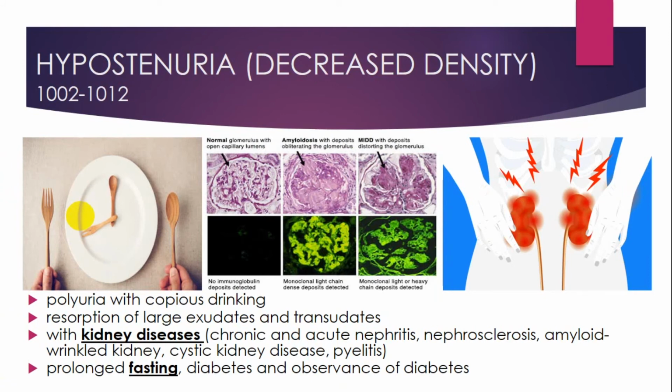Also, it may be prolonged fasting. Diabetes and its observance can be a really dangerous situation. In this picture, you can see the histological picture and immunoglobulin deposits. It's a sign of amyloidosis.